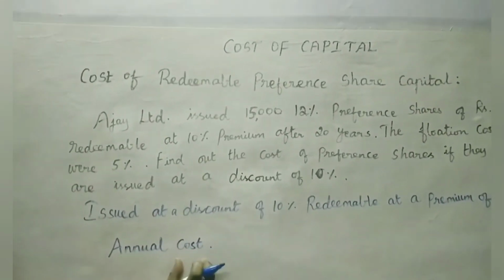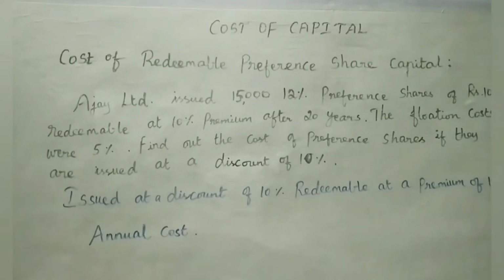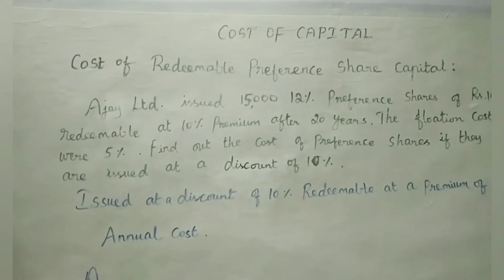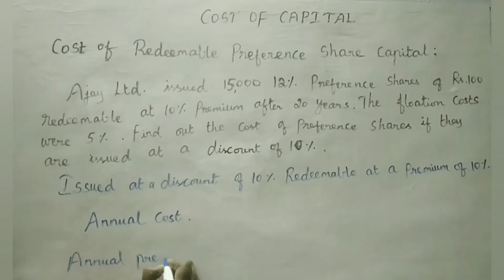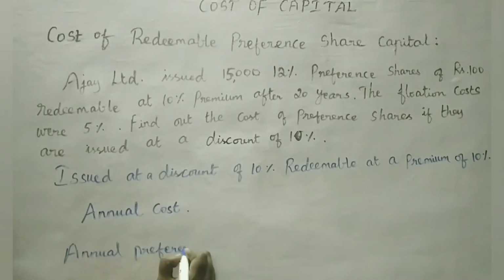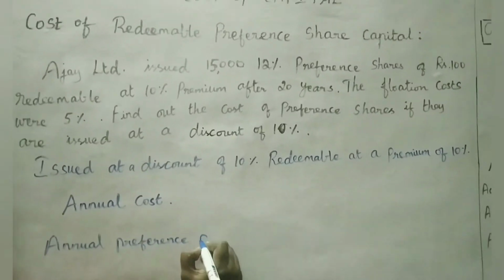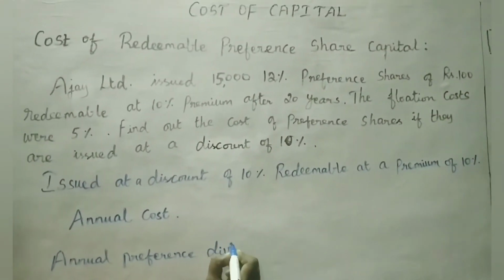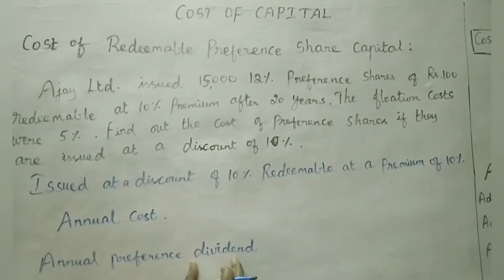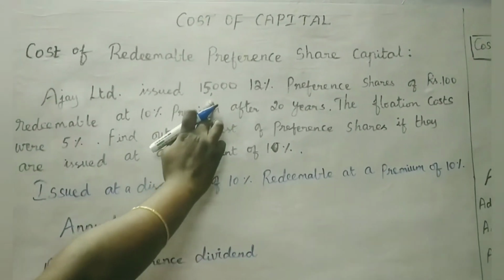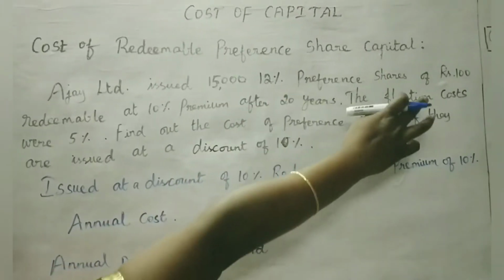To find out the annual cost, first find out the annual preference dividend. Preference dividend is calculated on the face value of preference shares. Face value of preference share, 15,000 into 100.